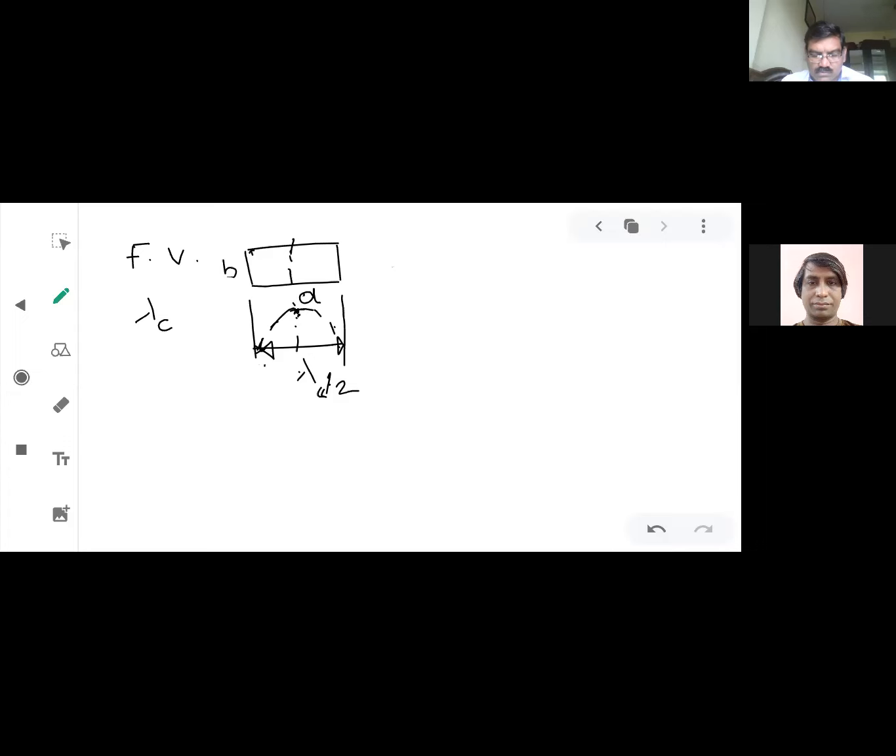And there is a relation between A and B, that B equals A by 2.